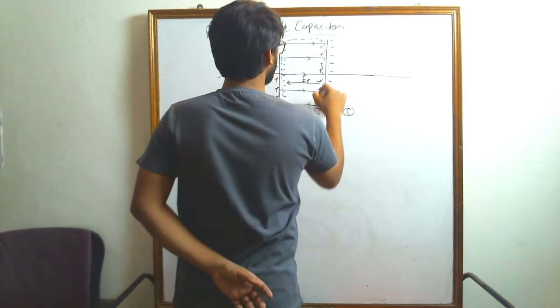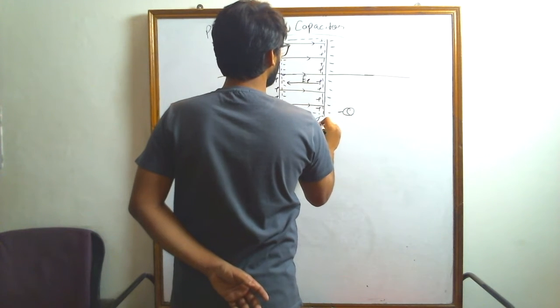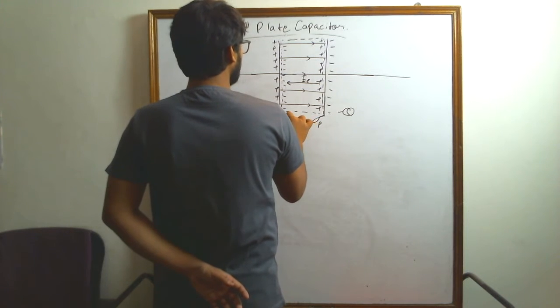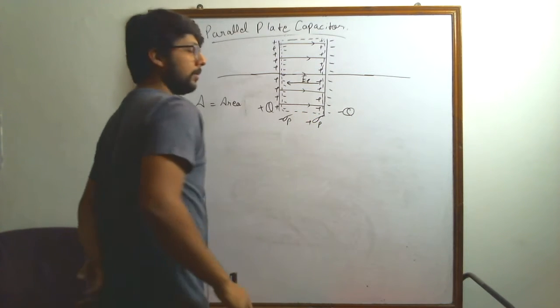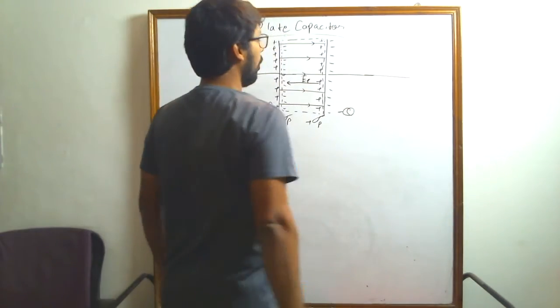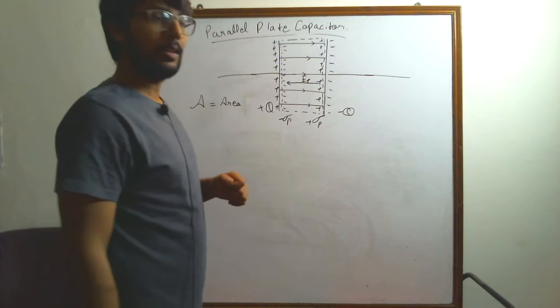Let's say the surface charge over here is sigma p. Obviously this will be positive, and here it's sigma p negative. Why sigma p? Because it is different from the surface charge density of the capacitor plates.